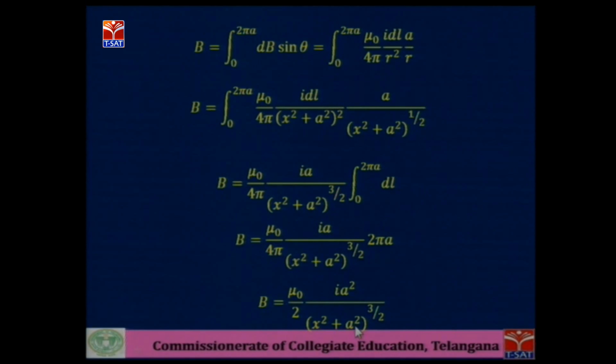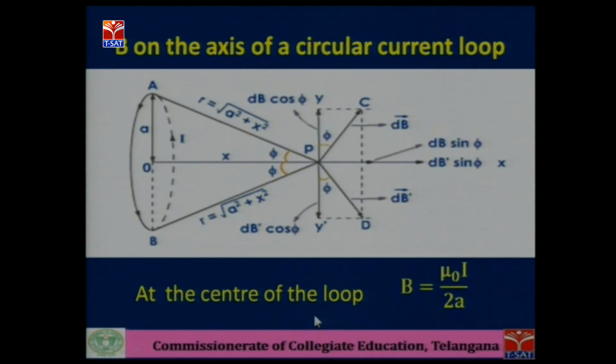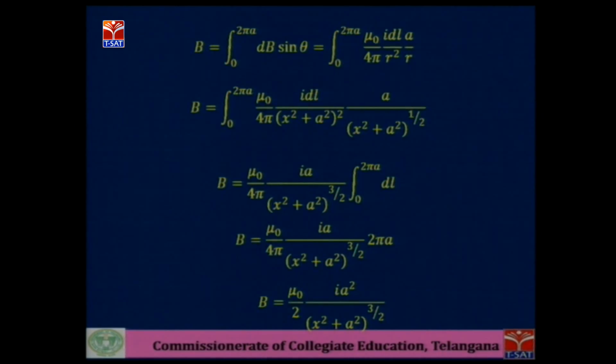So these two get cancelled, and our final result will be mu naught I by 2a. At the center of the loop, B is equal to mu naught I by 2a. This is how we calculate the magnetic field at the center of a current carrying loop.